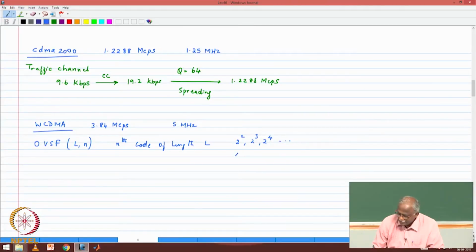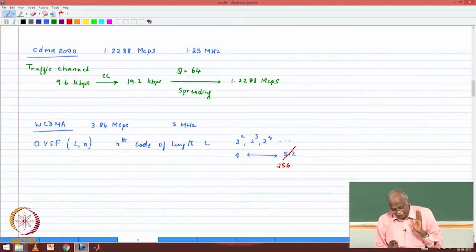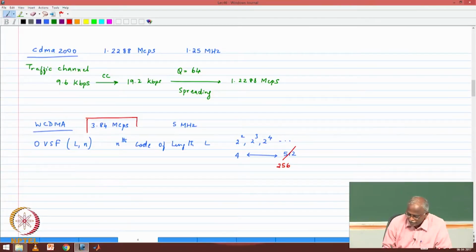In wideband CDMA, there is a provision to vary the spreading factor all the way from 4 to 512. So, very high spreading factors to very low spreading factors. But most commonly, 512 is not used. So it is from 4 to 256, but still it has a larger spread. And it's 3.84 mega chips per second in 5 megahertz.